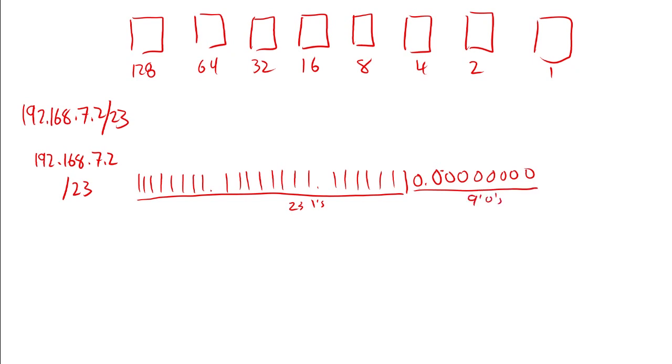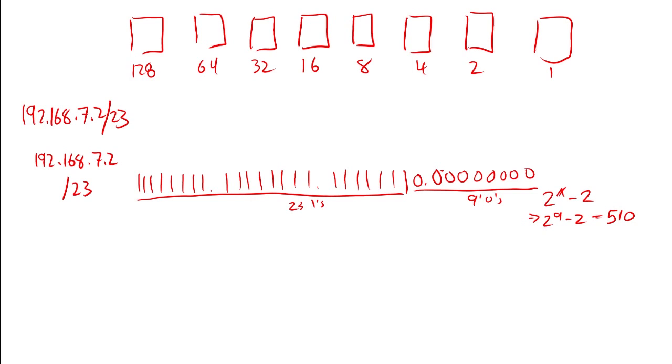So 2 to the x minus 2, 2 to the 9 minus 2 is 510. So in this case, our network is 510 wide, because it's a weird length.